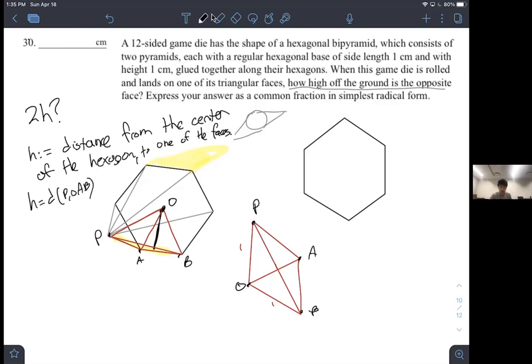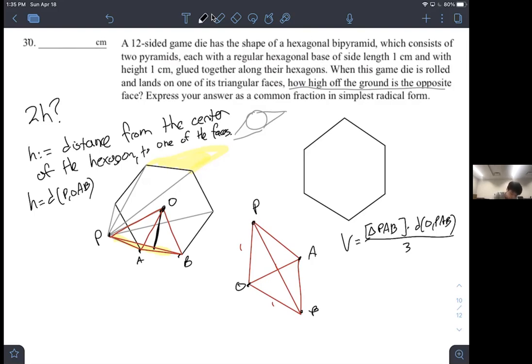That's what we're trying to find. We know that OABP is a triangular pyramid. One way to find the volume would be the area of triangle PAB times the distance from O to PAB, base times height, over 3. That's one way to write the volume.